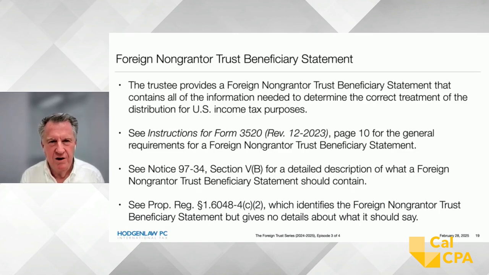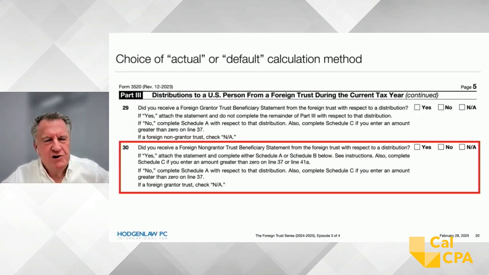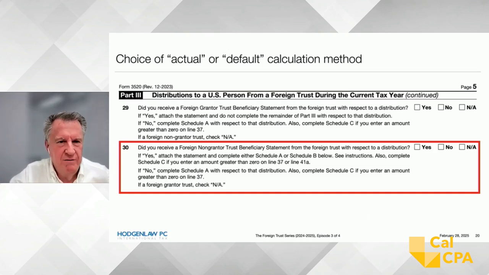Whether you get this or not is sometimes a question, and not getting it has some implications, as you'll see in a few minutes. You have a choice, so you being the beneficiary. What are you going to use? And here you are in Form 3520, where the rubber meets the road on that choice.